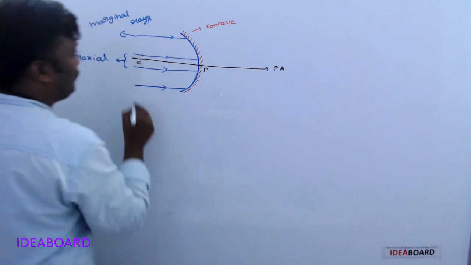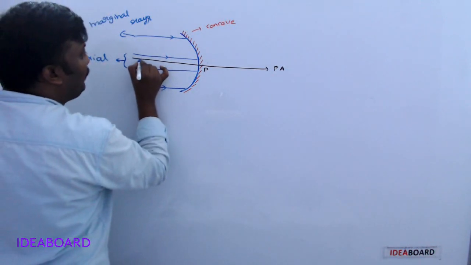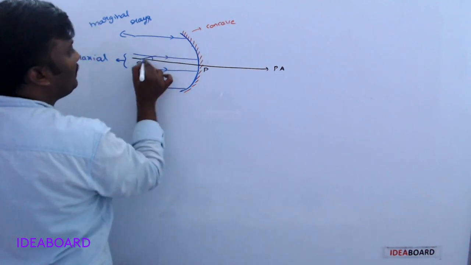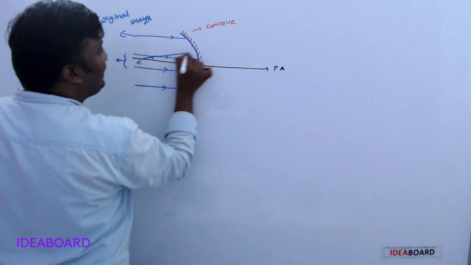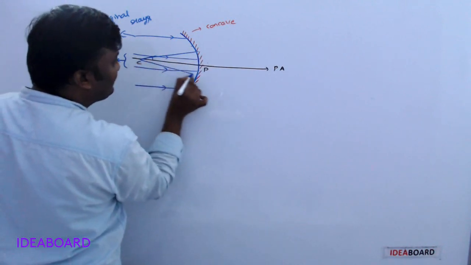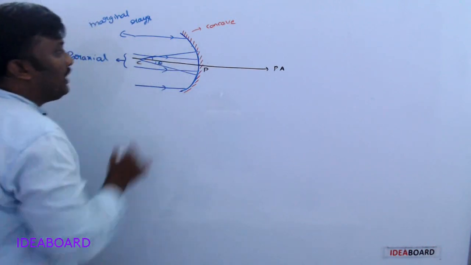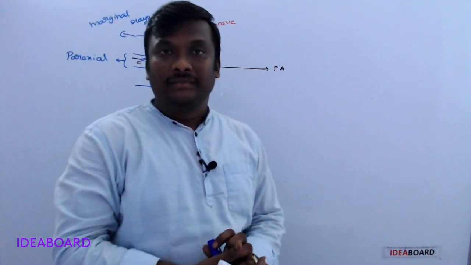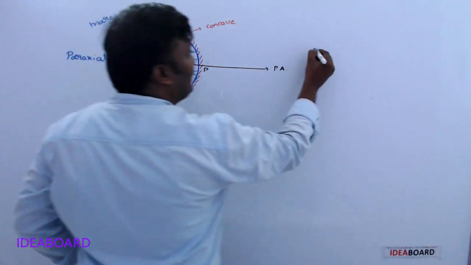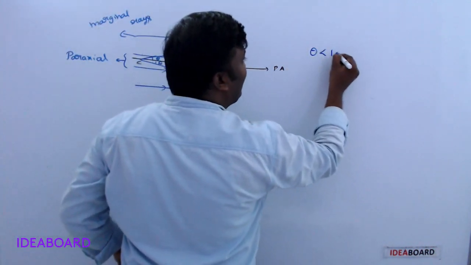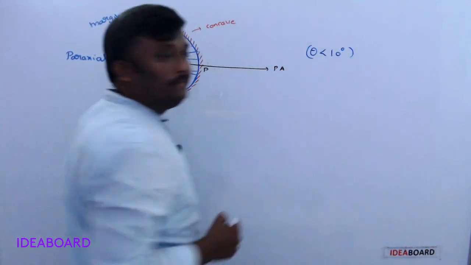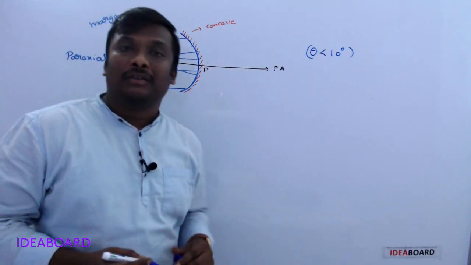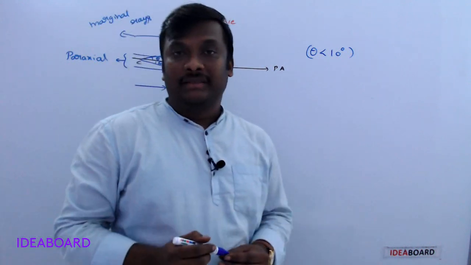Otherwise, there is another definition also. The rays which make a very small angle like this are also called paraxial rays. Here the angle with the principal axis is less than 10 degrees. Only then are they called paraxial rays.